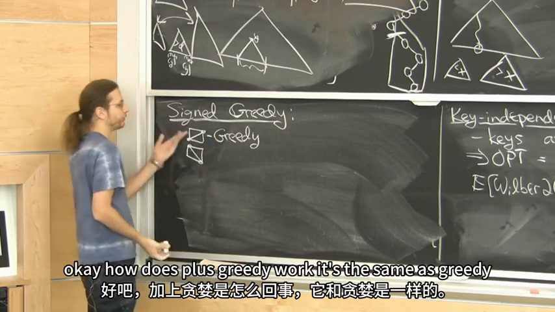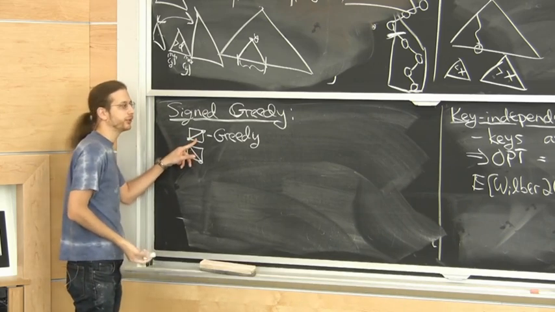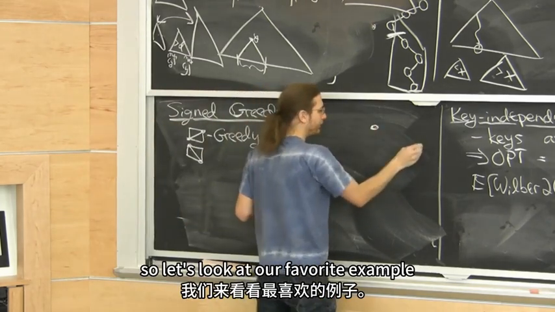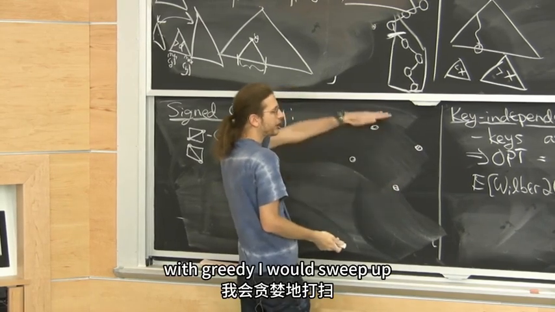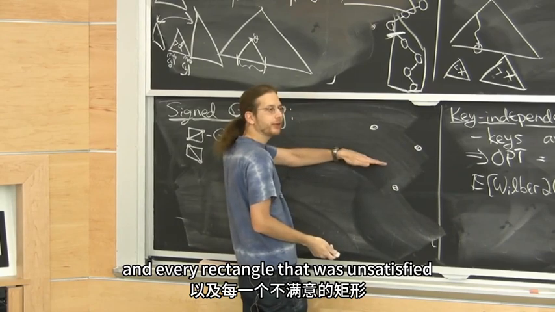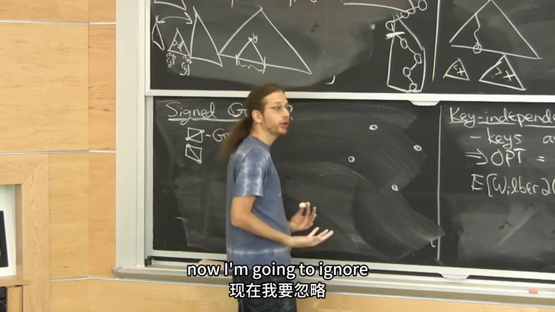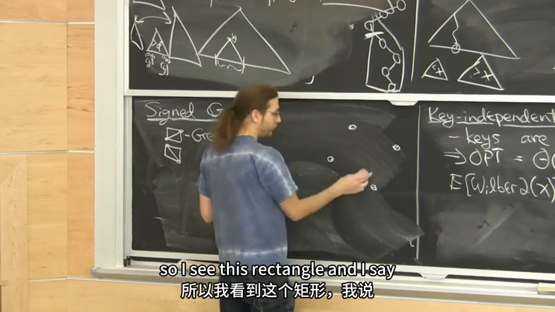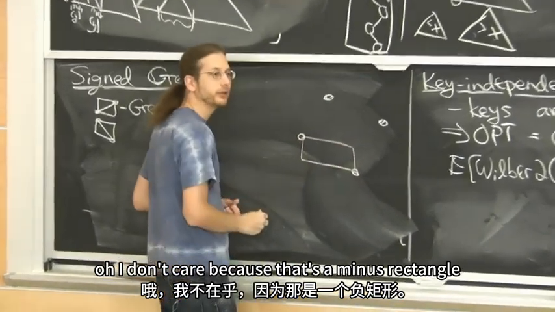Okay, how does plus greedy work? It's the same as greedy. You just only look at plus rectangles. Okay, remember plus rectangles and minus rectangles? So let's look at our favorite example here. With greedy, I would sweep up, and every rectangle that was unsatisfied, I would satisfy it. Now I'm going to ignore minus rectangles, only look at plus rectangles. So I see this rectangle, and I say, oh, I don't care, because that's a minus rectangle.